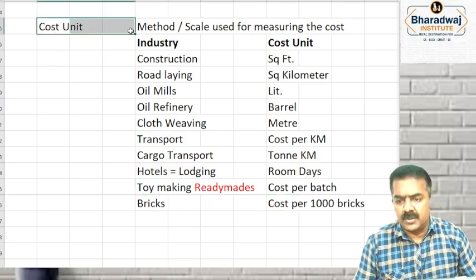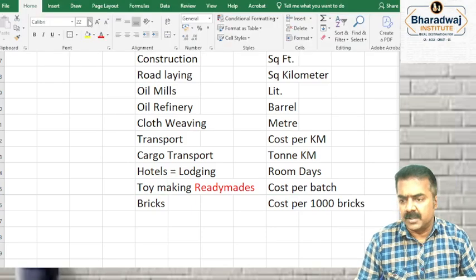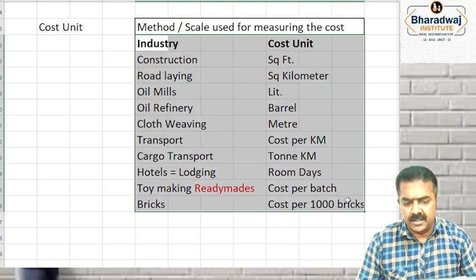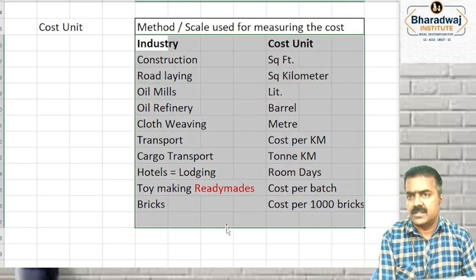Okay, so cost unit, it is a method or scale used for measuring the cost. It depends on the industry.